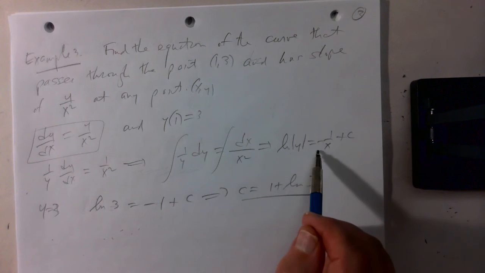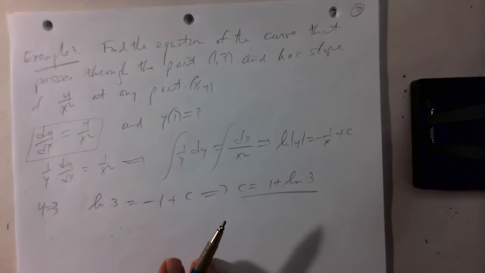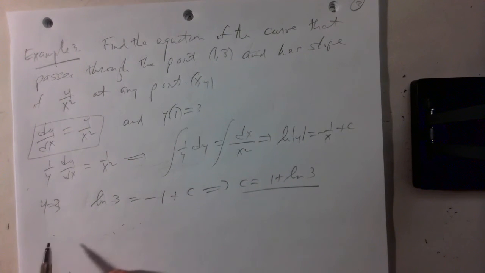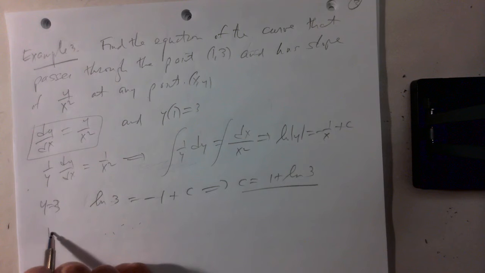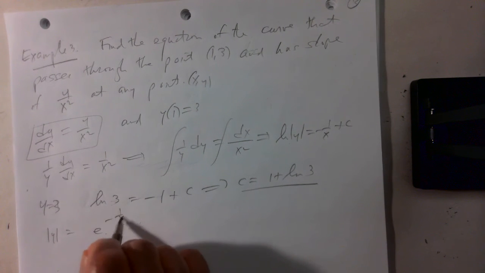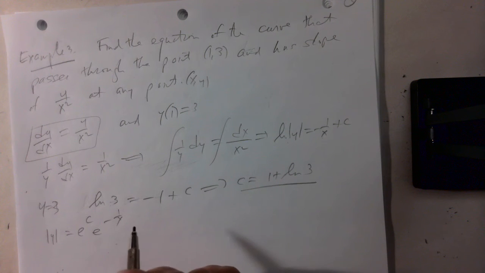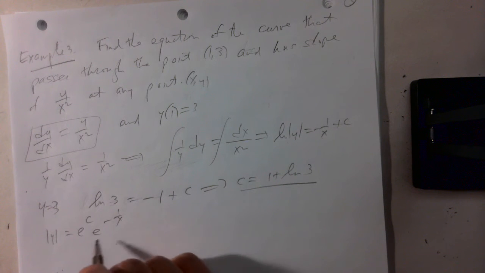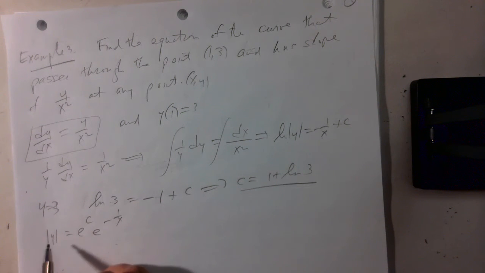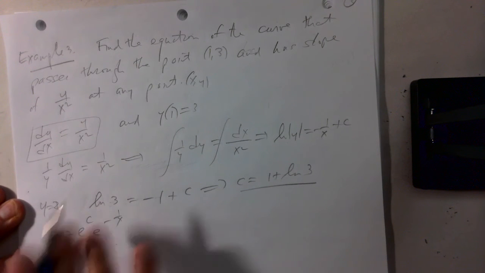So log y is minus 1 over x plus c. If I exponentiate, the absolute value of y is e to the minus 1 over x times e to the c. And this is always positive, so I'll just write this as y.